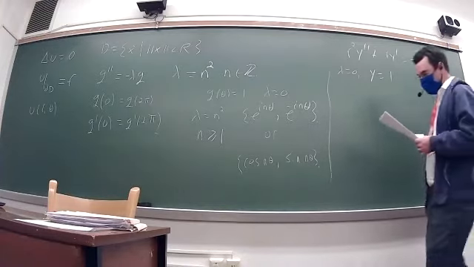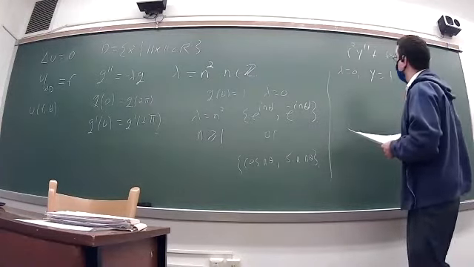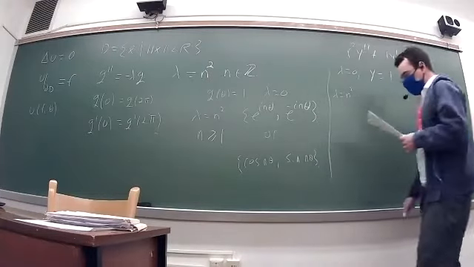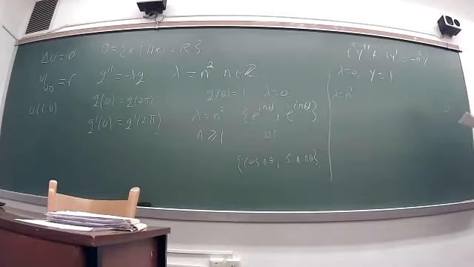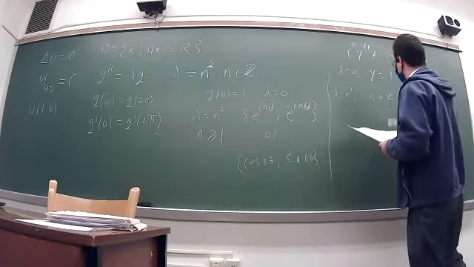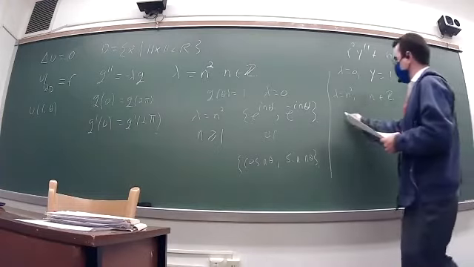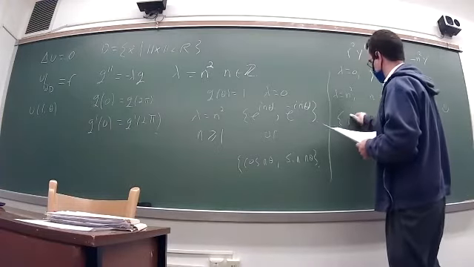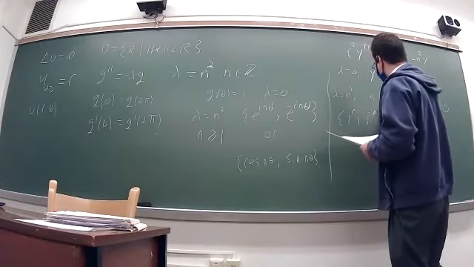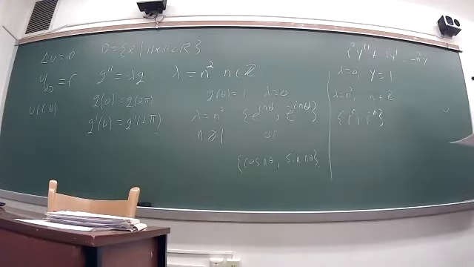And we also said, well, okay, so what about lambda equals n squared for n being any integer, and the basis for solutions was r to the n and r to the minus n.